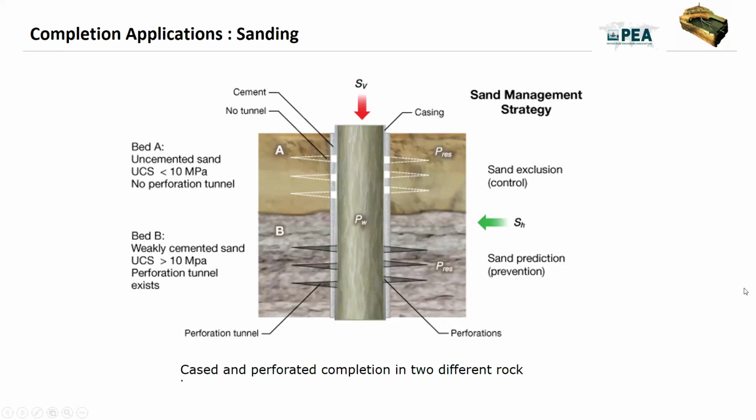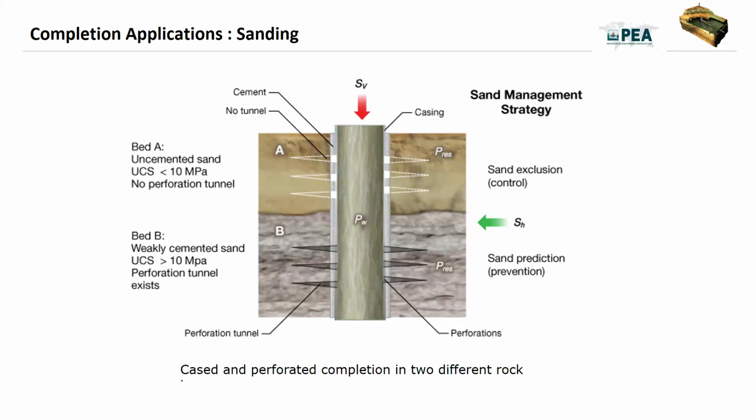So what we can see is that if all reservoir intervals are as weak as the first one, the decision would be to complete the zone using a sand exclusion method, such as gravel pack or frac pack. This will be discussed later.